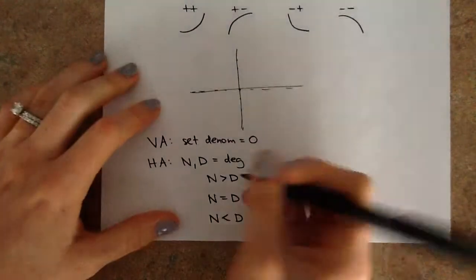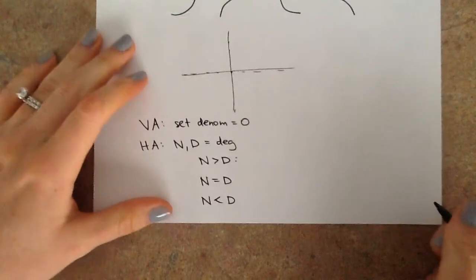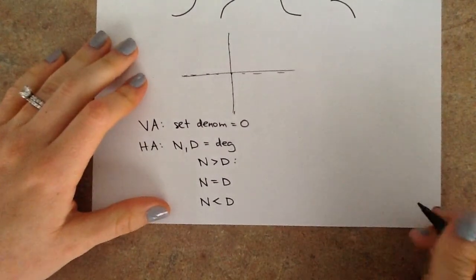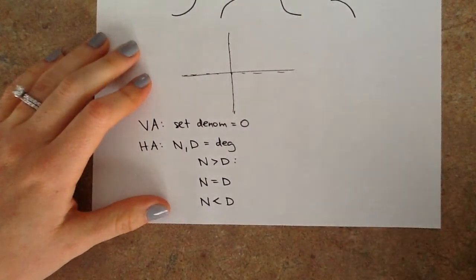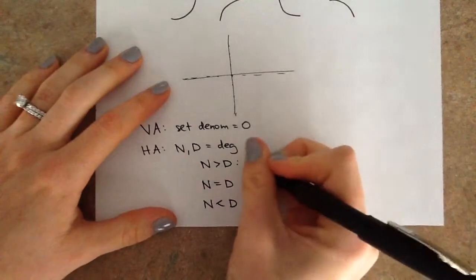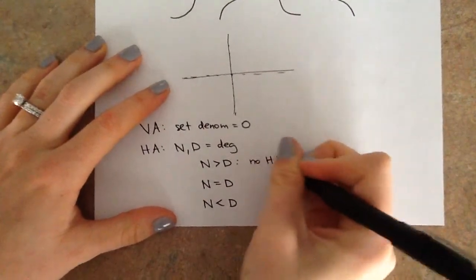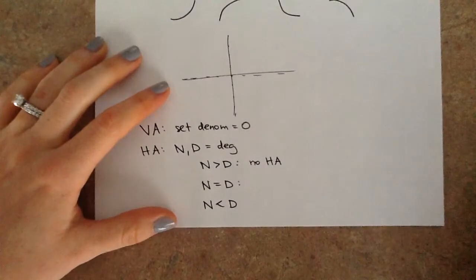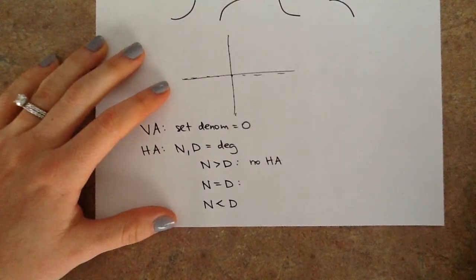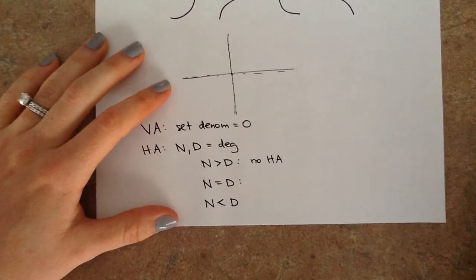If the numerator's degree is larger, this actually has no horizontal asymptote, because the numerator will race off, it'll keep increasing. You guys remember this one, equal degrees? It's the ratio of the leading coefficients.